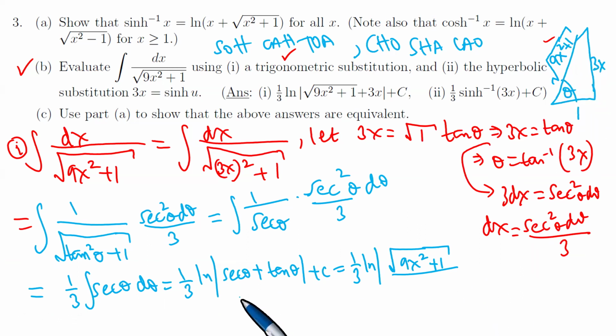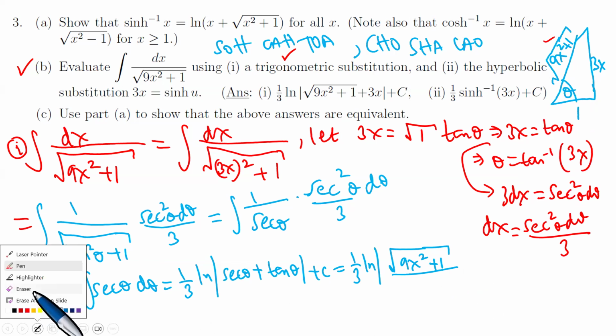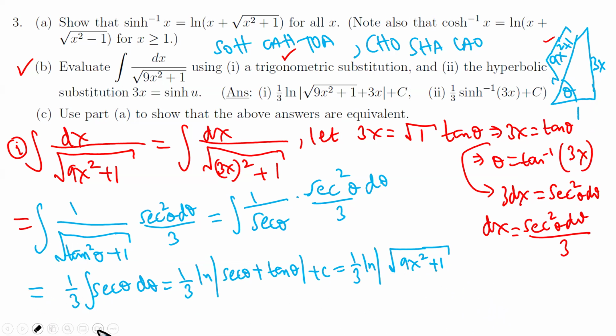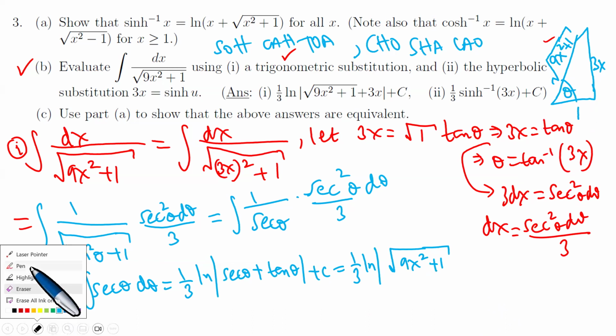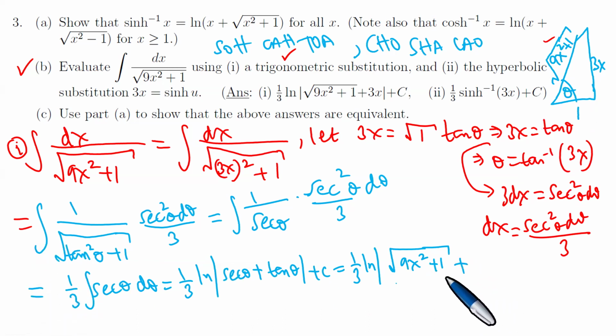So the secant is hypotenuse over adjacent. So hypotenuse over adjacent for theta is just that, out of 1. So the 1 doesn't change anything, you can leave it. Plus the tangent of theta. What is tan theta? Tan theta is 3x. And then you add c like that. That's the answer.